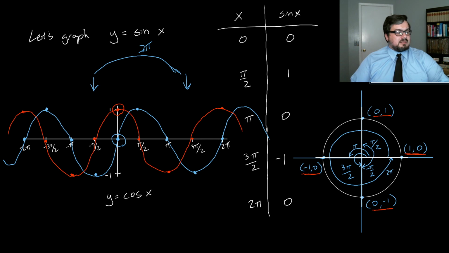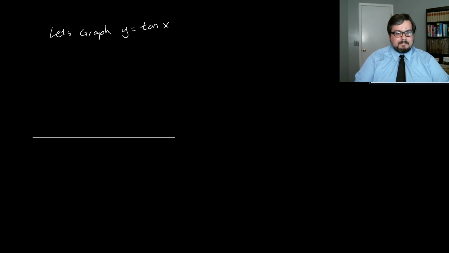Let's consider what happens with tangent, because tangent is a little bit more complicated, a little bit more interesting. And that has to do with the fact that it's not defined everywhere. So now, let's graph y equals tangent x. We're going to want to start doing the same sort of thing.